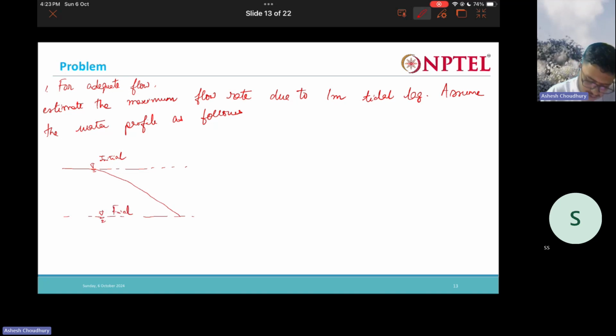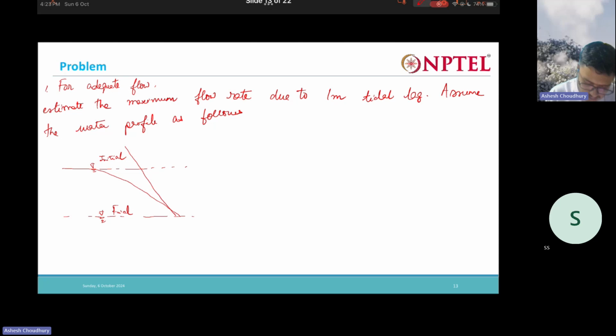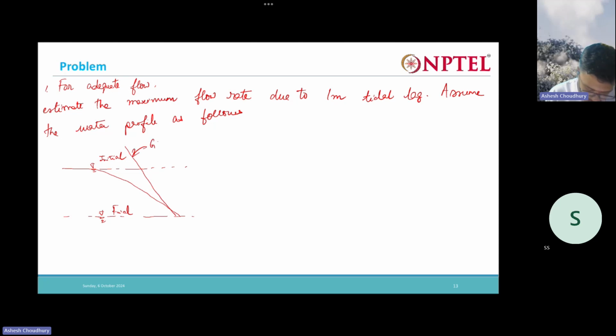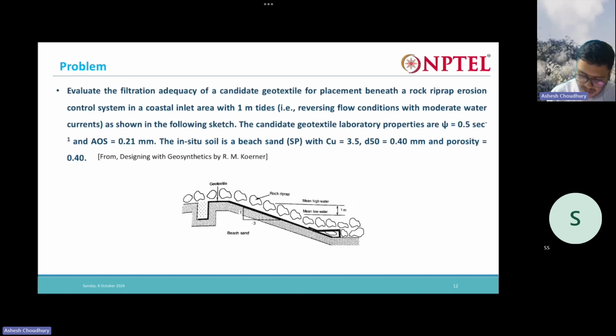And the geotextile is placed somewhat like this. This is 1 meter, and this we are taking approximately 50 meter.